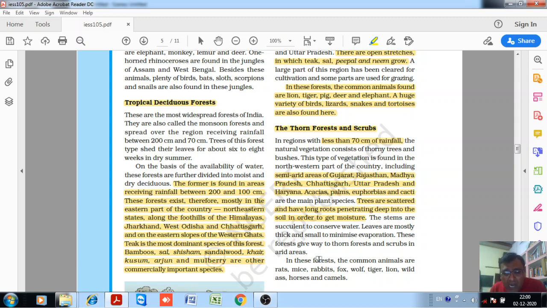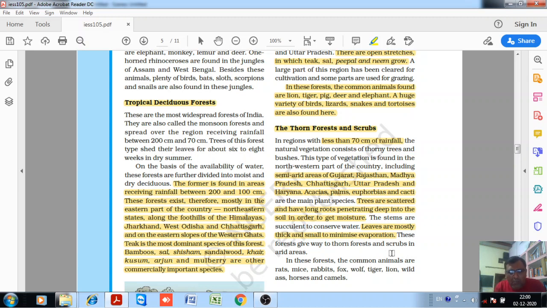So leaves are mostly thick and small to minimize evaporation. You have to understand one concept, that the size of the leaf is very small in the thorn forests. Have you seen the size of the leaf of cacti or the acacia or the kikar?